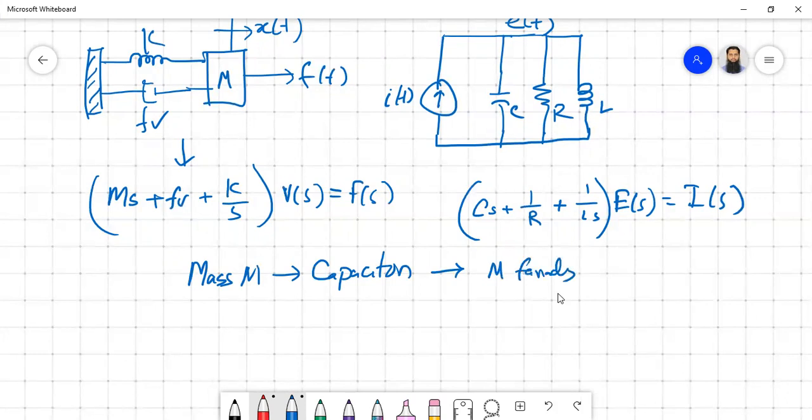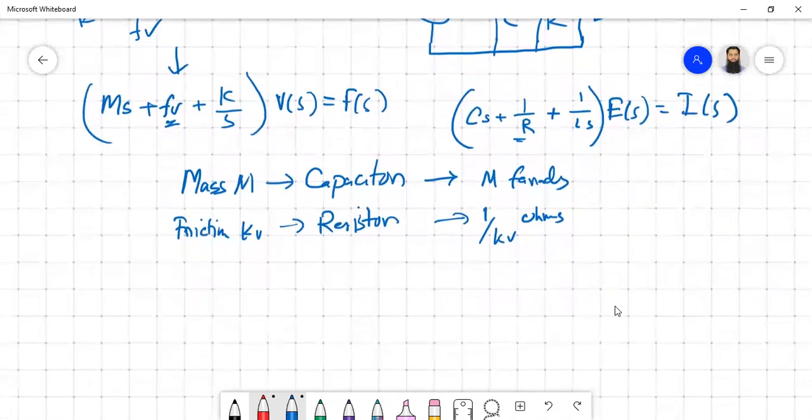Then you have friction damping, fv, which is represented by a resistor. It always remains the same, the nature is not changing. So is it proportional? No, it is inversely proportional. So 1 by fv, 1 by fv ohms.